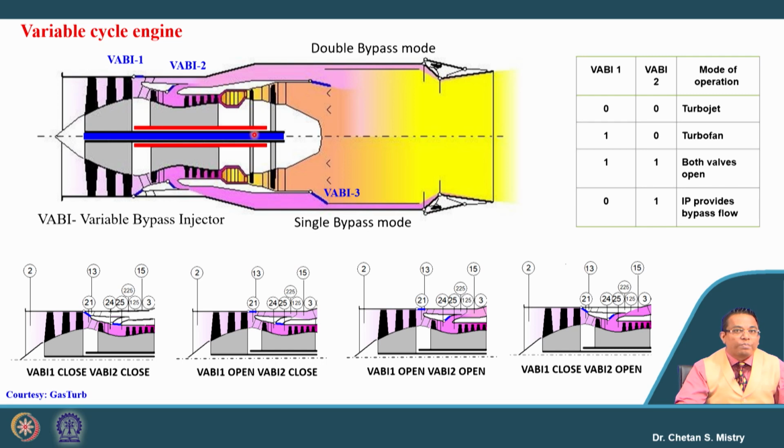Now suppose I put one of the valves open. Under that configuration, the mass flow rate going into the core engine will reduce. So it will not generate a sufficient amount of power to rotate the compressor.